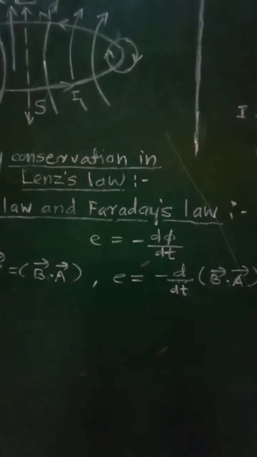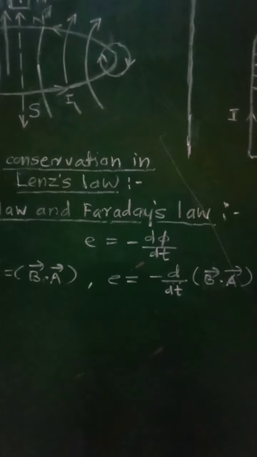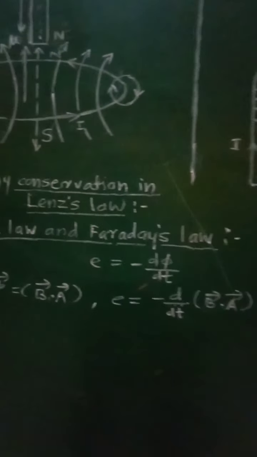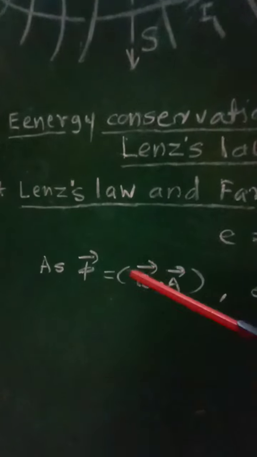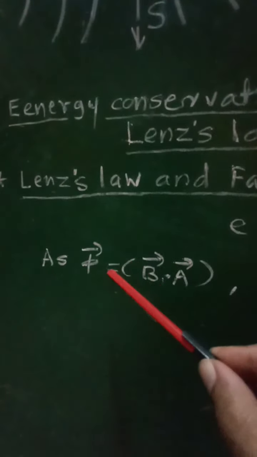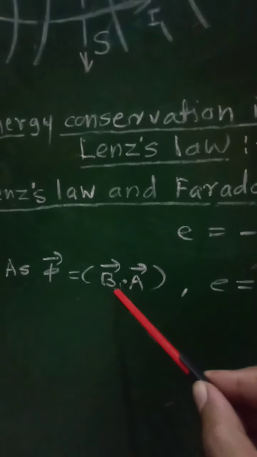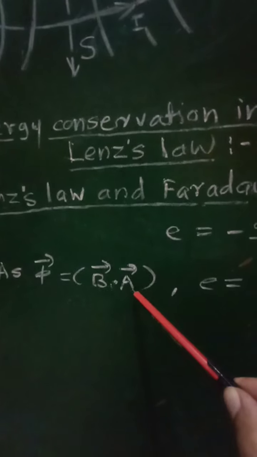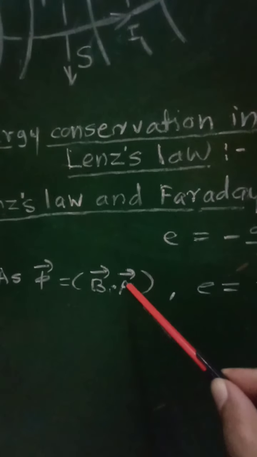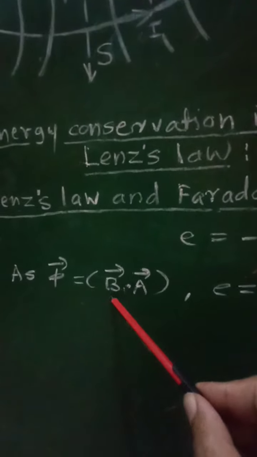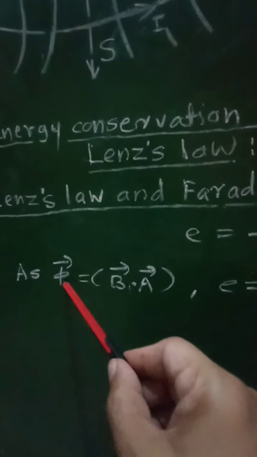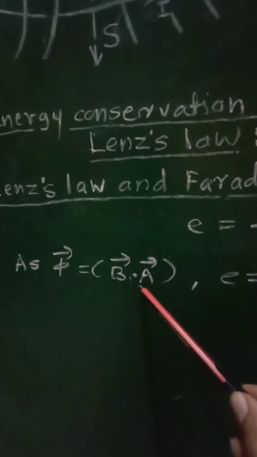Now by definition of magnetic flux, phi is equal to B into A. According to the definition of magnetic flux, phi is equal to the dot product of magnetic field and area vector A, that is B dot A, because magnetic field is equal to magnetic flux per unit area.